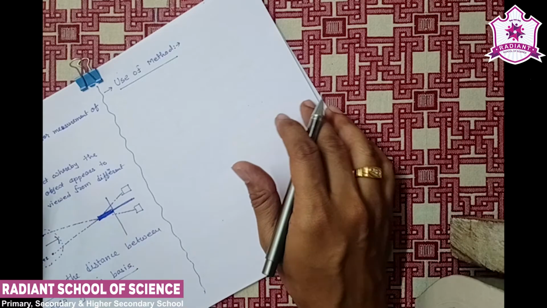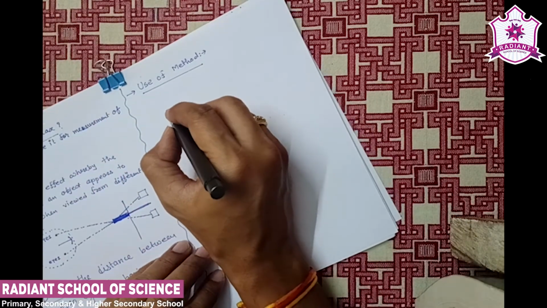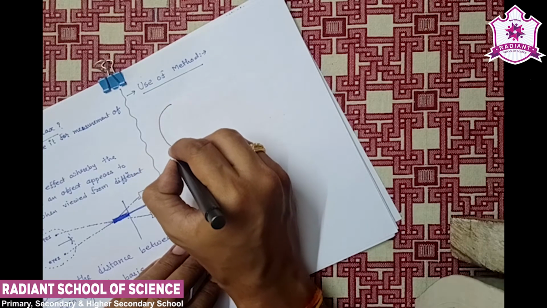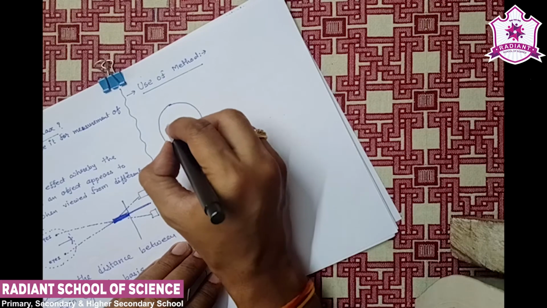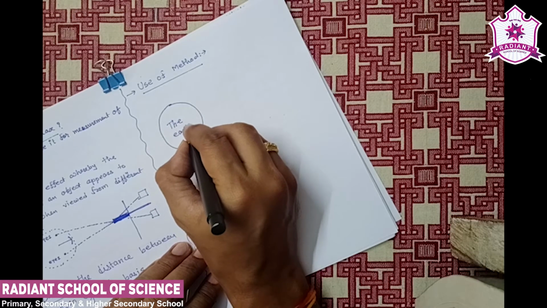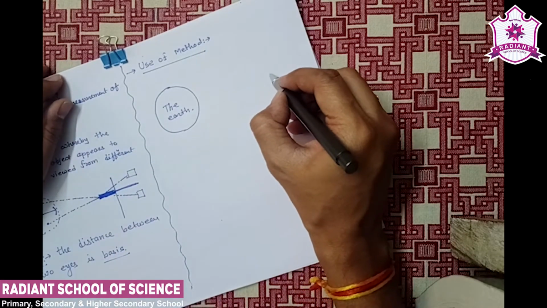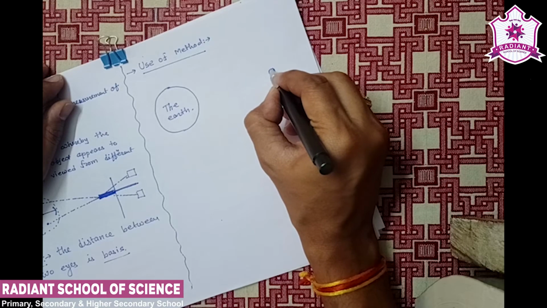Now we see how we use it. See, suppose this is Earth, and some planet is situated somewhere here.